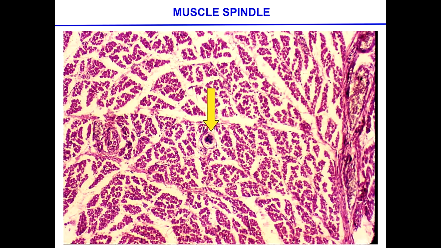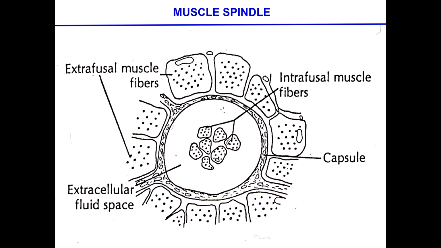In case I am very bad at explaining what these things are, there is a scheme trying to tell you exactly how things are organized. There is a kind of membrane capsule. There is a place where there is communication with the outside and where the nerve fibers are coming in and out, and the intrafusal fibers and the extrafusal fibers.